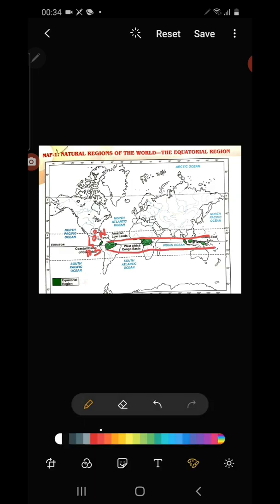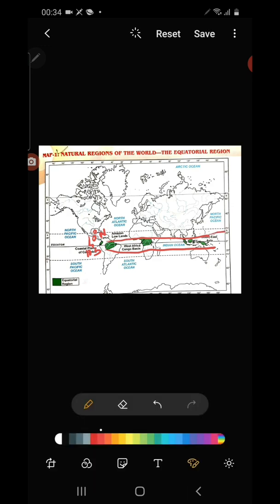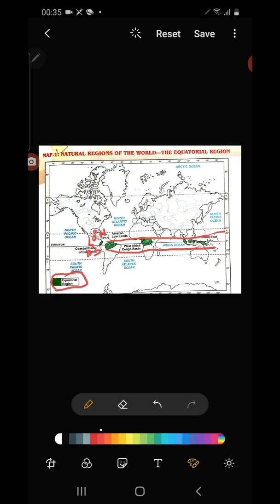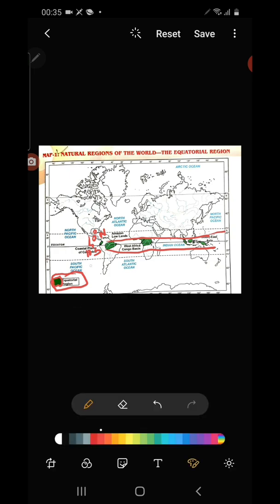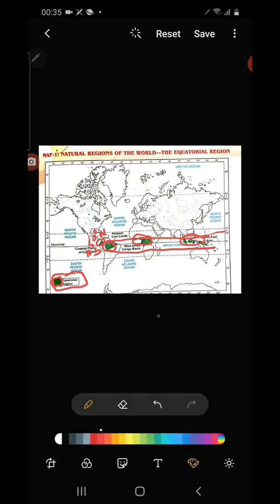When the question comes on the equatorial region, you need to mark all these. You need to only color, and whichever color you are using, you have to shade this square with that particular color. Then you have to write equatorial region. Then you need to do the same colored shade in all these places. Understood? This is how you need to mark the equatorial region.